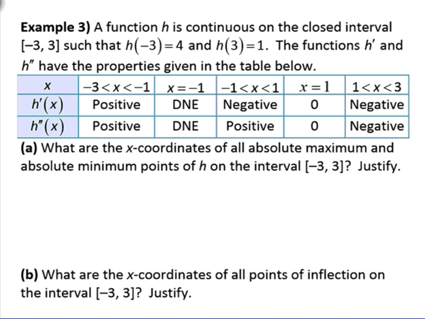Okay, the next example that we're going to look at is commonly seen on the AP test. There's a lot of information here, and you have to be able to analyze what's going on and know the relationships between f and f prime, or in this case, h prime and h double prime. First of all, the most important thing to make sure of with this example is that the function h is continuous.